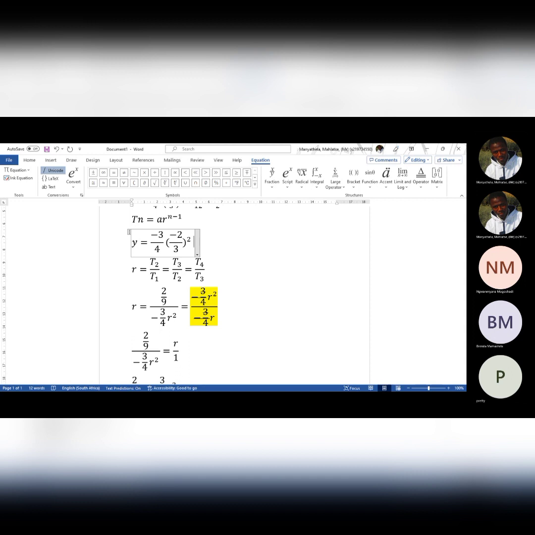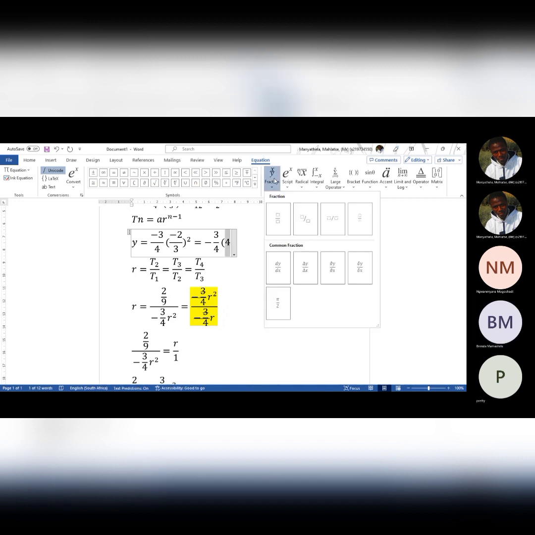Remember the ones inside the bracket first: negative 2 over 3 squared gives 4 over 9. Then multiply by 4/9.